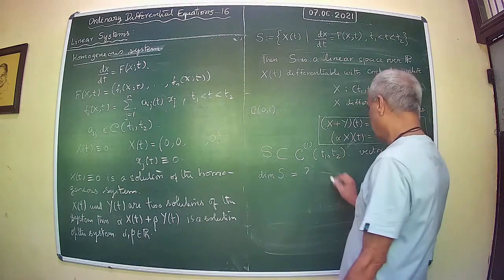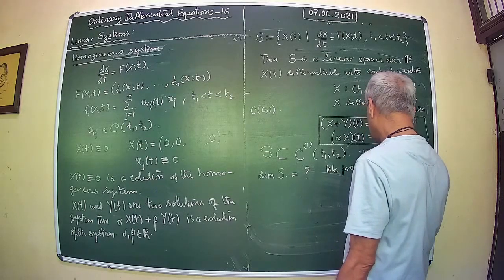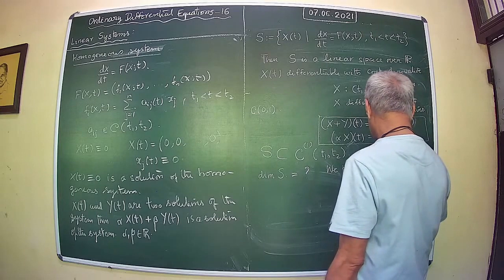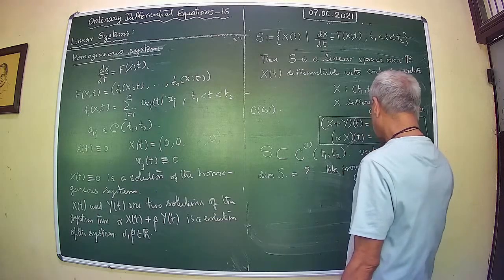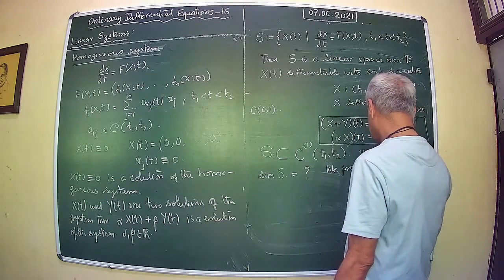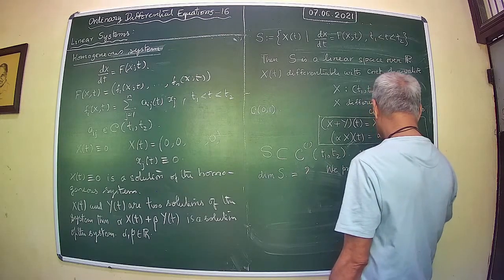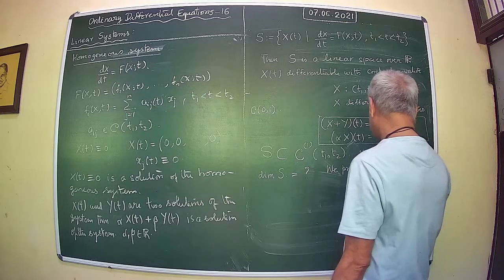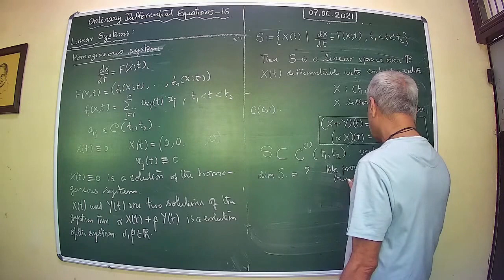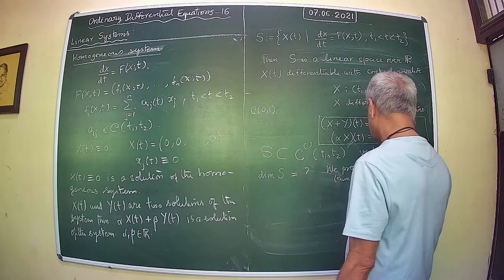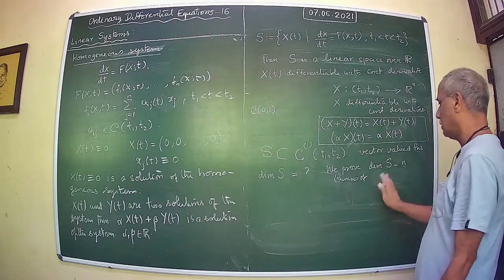Okay, this n is called the order of the system, in the sense of the number of solutions.